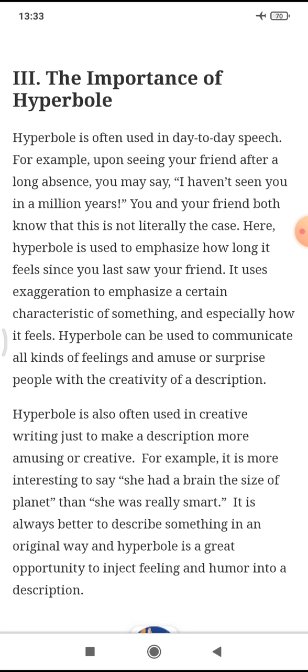But it means that she is very intelligent, very smart. It is always better to describe something in an original way, and hyperbole is a great opportunity to inject feeling and humor into a description.